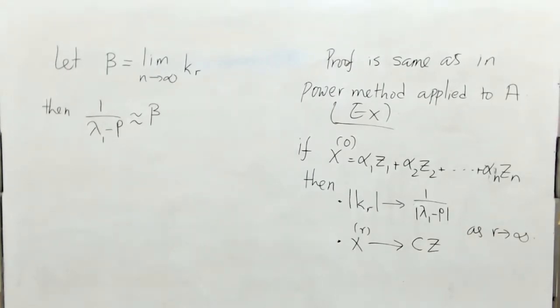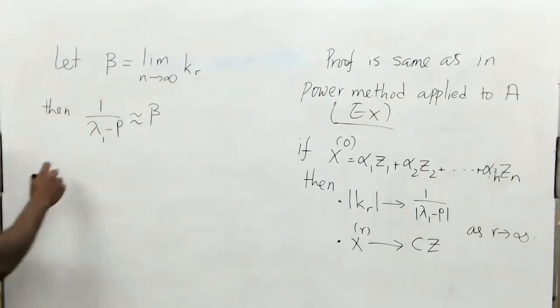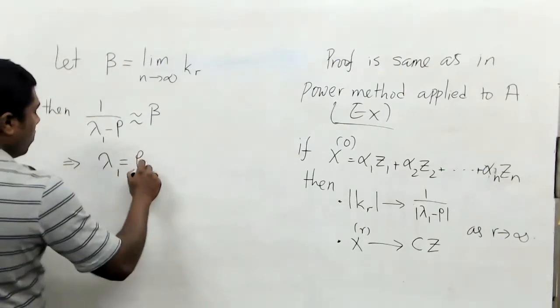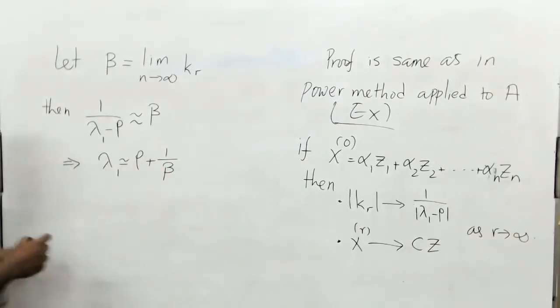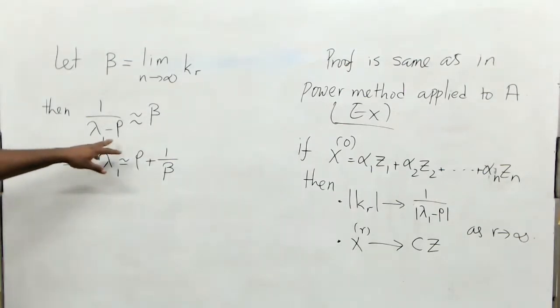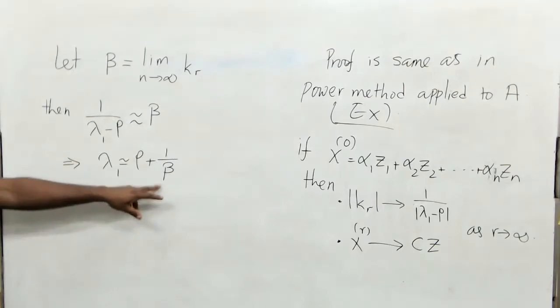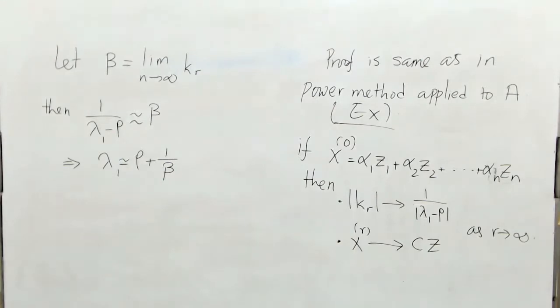From this you can solve for lambda 1, which gives lambda 1 equal to rho plus 1 upon beta, approximately. This says that if you take rho as the first approximation for lambda 1, then this inverse iteration improves the rho.